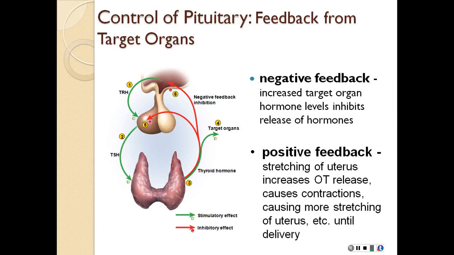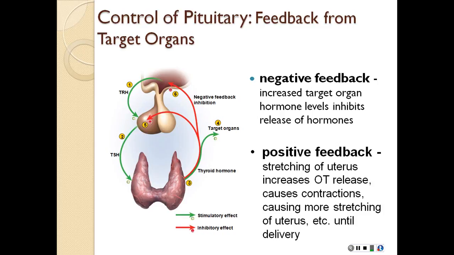So again, the pituitary glands are controlled to a great degree by the hypothalamus. If you look at this picture, at the top here is the hypothalamus. So you see the green arrow at the top, step number 1. And what happens is the hypothalamus sends a signal to the pituitary gland, telling the pituitary gland when to secrete these hormones.